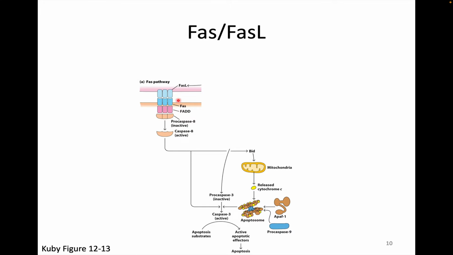We've talked about the fact that Fas ligand can be on active CTLs, and that can interact with this protein Fas. When Fas ligand interacts with Fas, that induces signaling in the target cell so that target cell undergoes apoptosis.